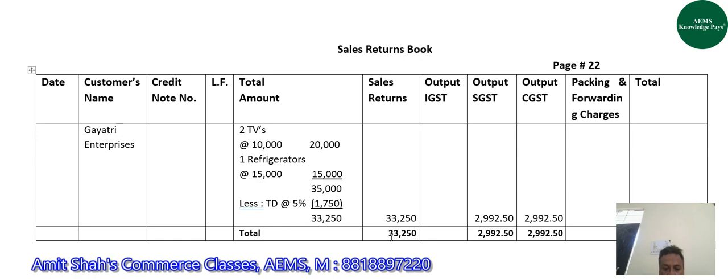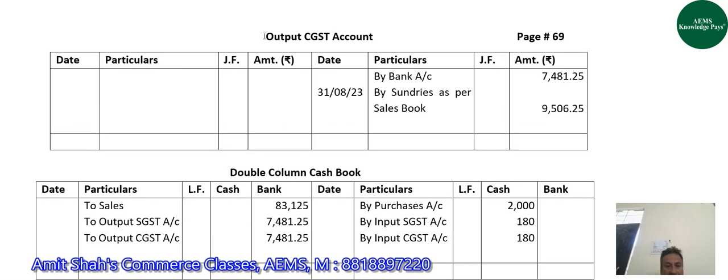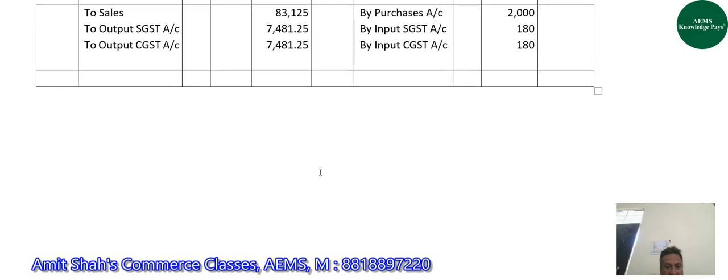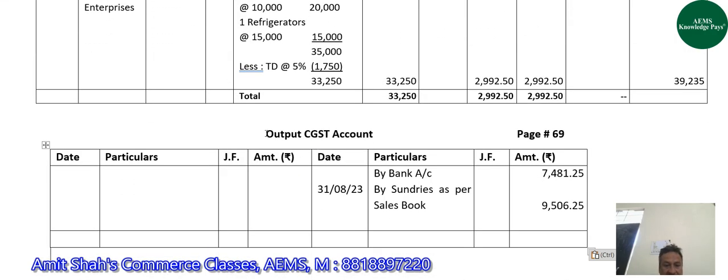Now he will transfer this to the respective accounts, that is sales returns account, output SGST account, or output CGST account. So here I am making the sales returns account, and the sales returns account would be debited.